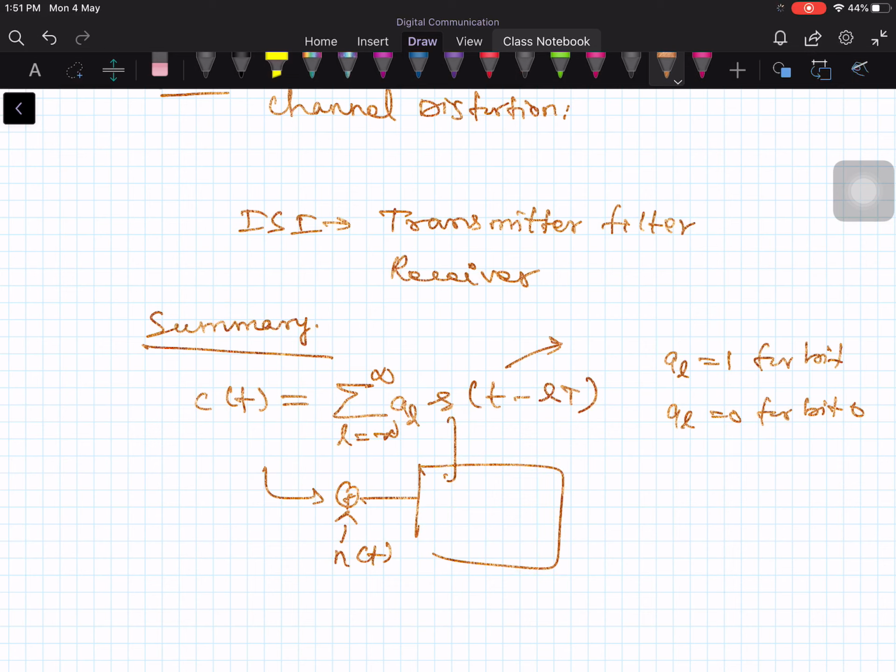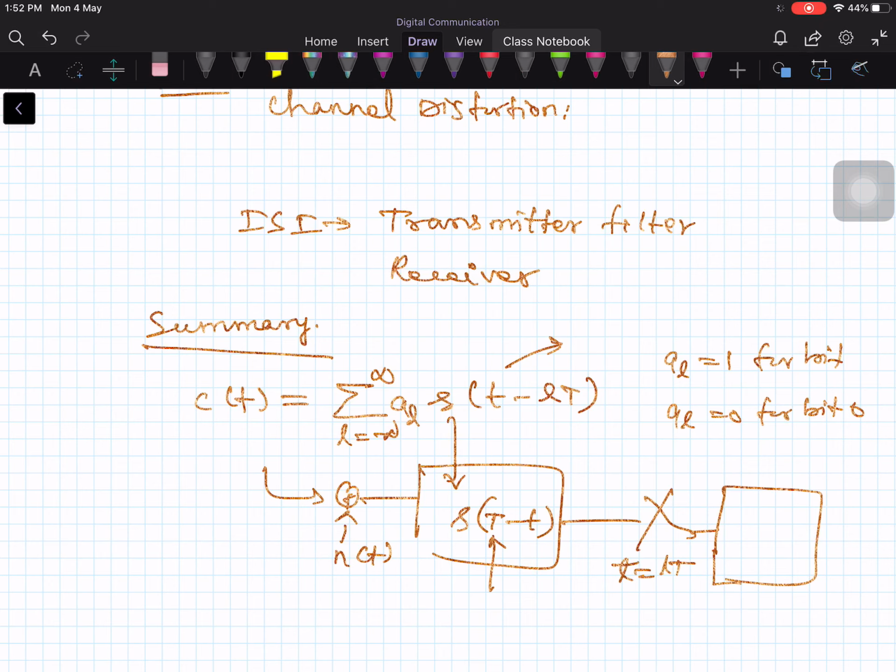It is matched to the same pulse, s(T - t). I have taken T because the matched filter peaks at every T seconds. Therefore I put this T, and you do the sampling at t equal to lT. Because the signal is associated with the noise, the sampled value also will be associated with the noise, and there is some variability in the output sampled value.